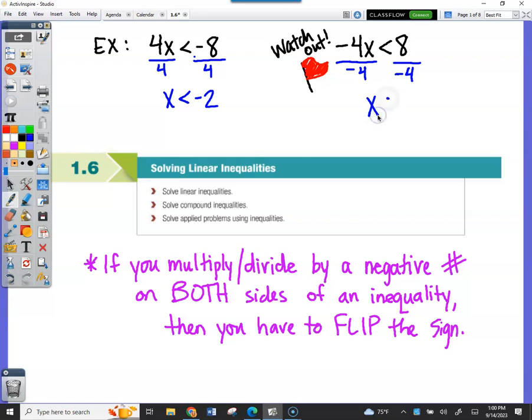X would be greater than -2. You're going to have to flip the sign. So be careful there. Make sure you're paying attention to if it's the negative number that's moving to the other side by multiplication or division, that's when you flip the sign. Otherwise, leave the sign alone.